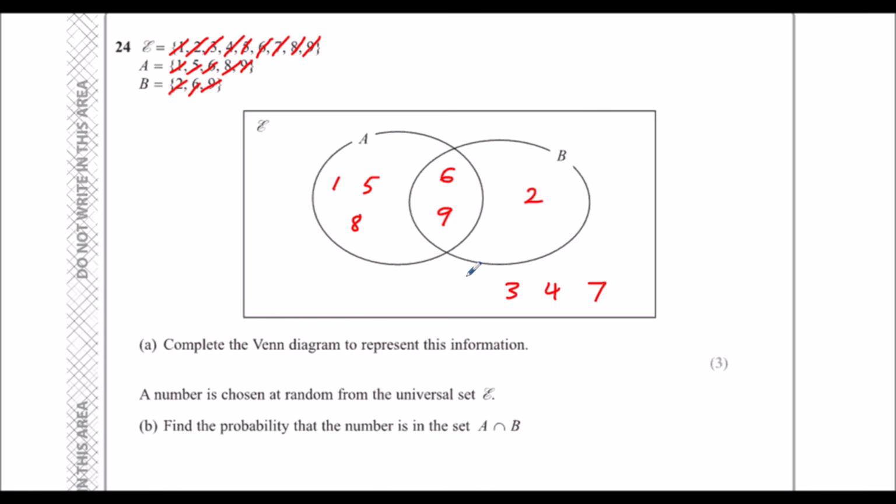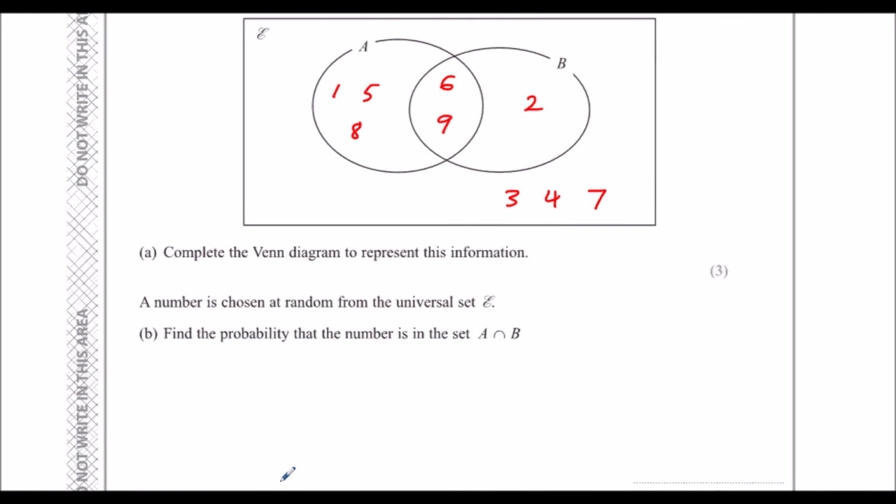So we've completed the Venn diagram. The 3, 4 and 7, they're not in A and they're not in B, so they go on the outside. So the ones in A and B go in the middle. The ones in just A go in the A section, the not crossed over bit. The ones just in B go in the not crossed over bit of B, and the ones in neither go on the outside.